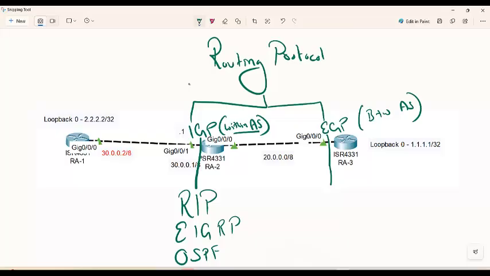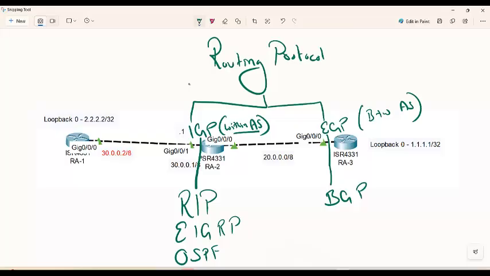We'll also learn about other protocols at the CCNP and CCIE level, like BGP. BGP comes under EGP. BGP stands for Border Gateway Protocol. OSPF stands for Open Shortest Path First. EIGRP, Enhanced Interior Gateway Routing Protocol. RIP, Routing Information Protocol.